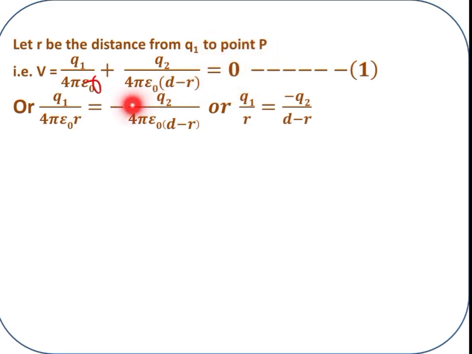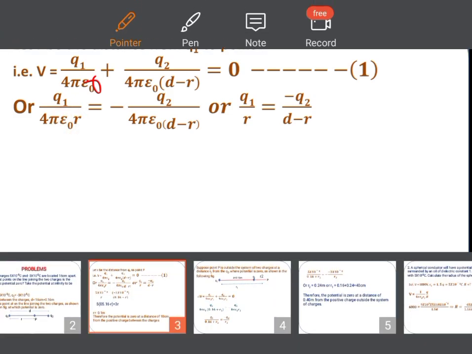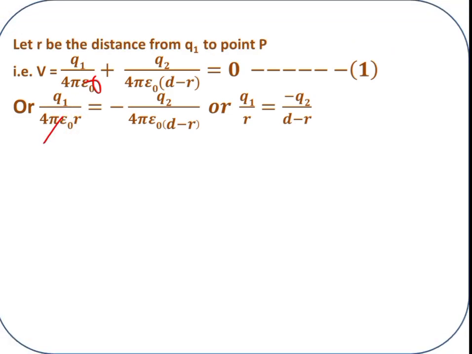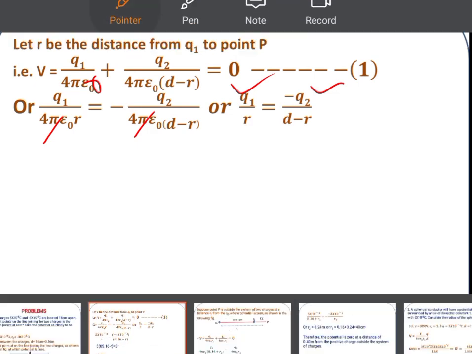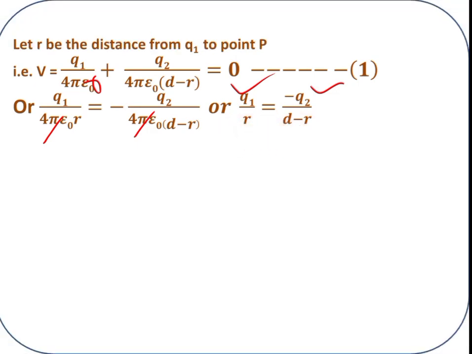Anyhow, this is 0, so we can keep this on the LHS and this factor towards the RHS. Now when we consider it that way, 4 pi epsilon naught cancels. What is remaining? Q1 by R equals minus Q2 divided by D minus R. Substitute the values of Q1, Q2 and D. Q1 is 5 into 10 raised to minus 8 and Q2 is minus 3 into 10 raised to minus 8, but here one more negative sign is there.